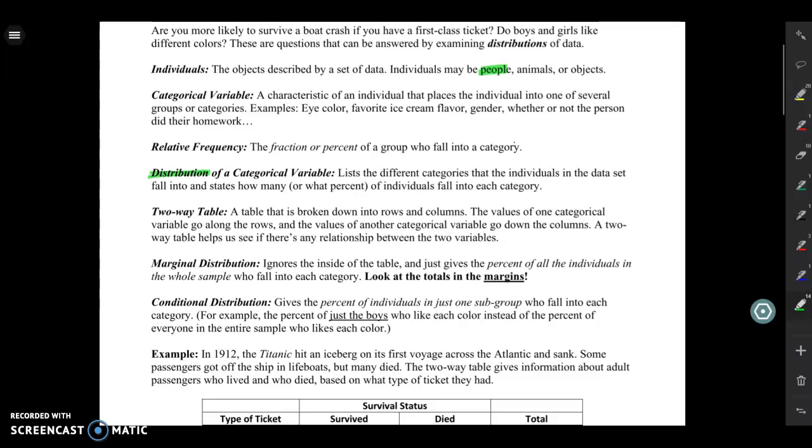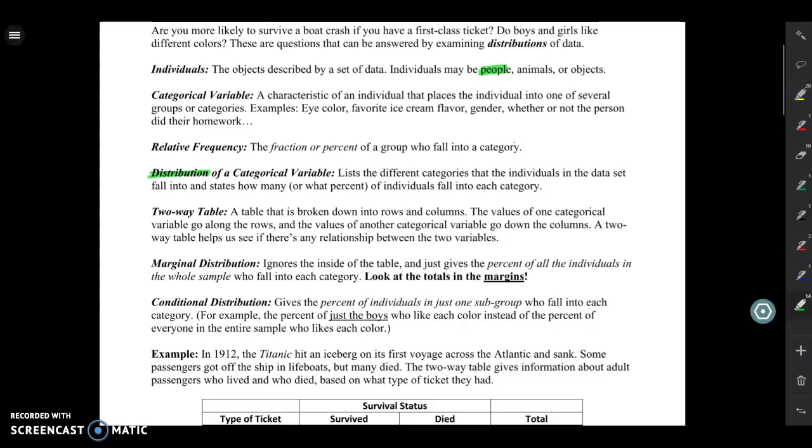Now, a two-way table is where you start combining and looking at your two different variables at the same time. A two-way table is a table that's broken down into rows and columns. Along the top row, you have one variable, and then along the left side of your table, you have the other variable.